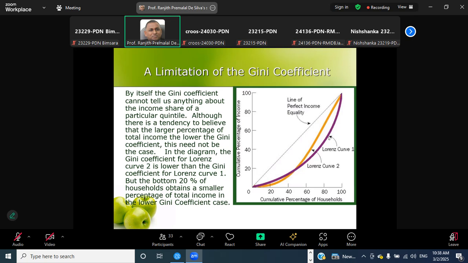Okay, but the female population in Colombo is 5%. Right? So district 1, 9% versus 5%. Then you go to Gampaha. Cumulative population, Colombo 9, Gampaha 8, 17. So cumulative percentage is 17. Cumulative percentage of female population, Colombo it is 4, Gampaha it is 3, 7. Right? So you put 7.